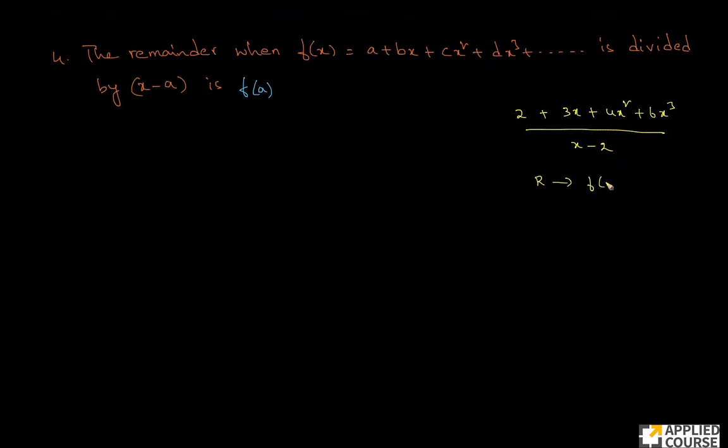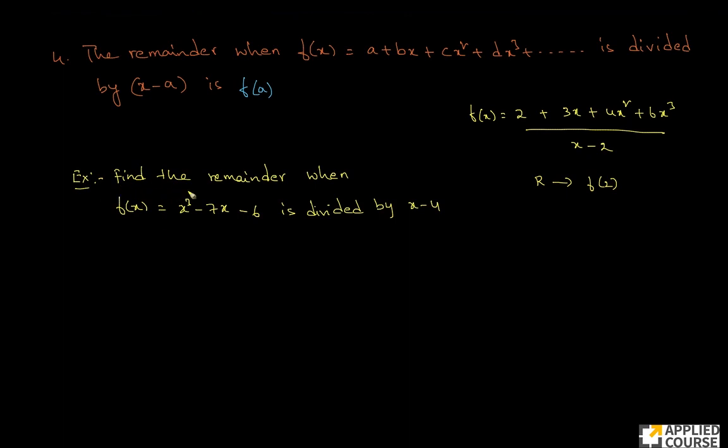The remainder will be f of 2. This is f of x. So you need to substitute the value 2 in the place of x, then you will get the remainder. Understood?